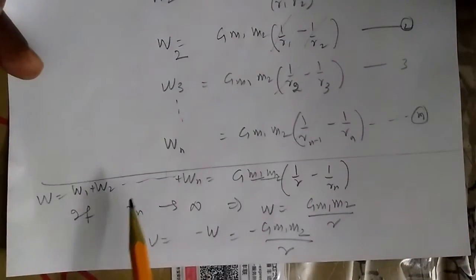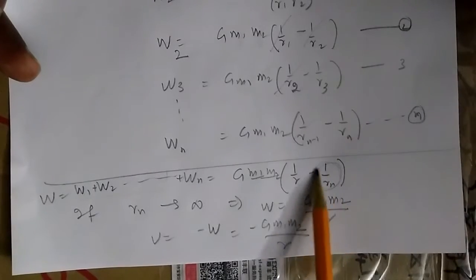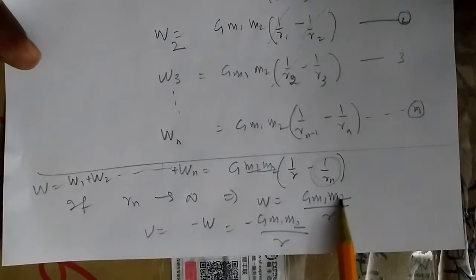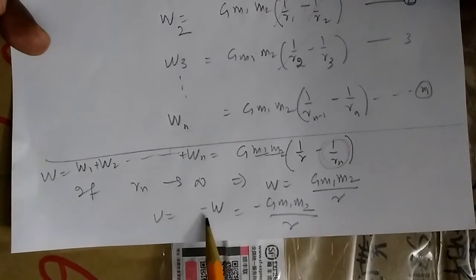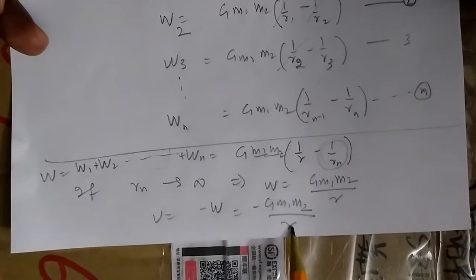Therefore, if Rn tends to infinity, this term tends to 0. And therefore, the work done will be W equal to G m1 m2 divided by R, and the potential energy is given by the negative of this work done, or minus G m1 m2 divided by R.